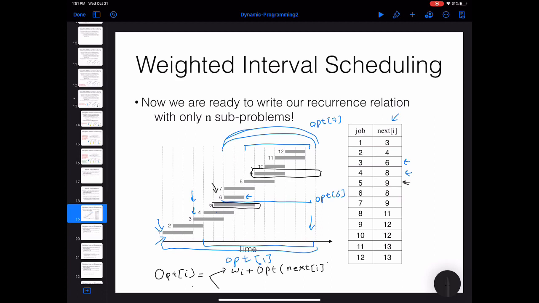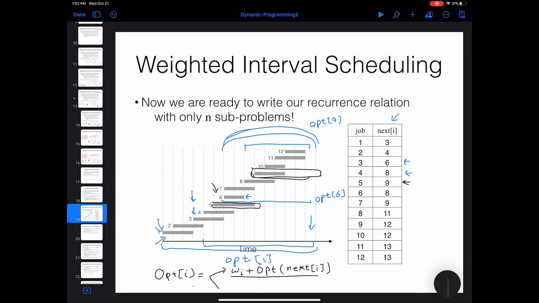So now you see why I have defined next of i. If I take 5, the next closest job that I can take is going to be 9, right? So I would immediately discard 6, 7, and 8, and I'm not going to think about the rest of them. So it's going to be the subproblem from 9 to 12: what is the optimal answer? Whatever it is, you add it to w_i and it's going to be one answer for you.